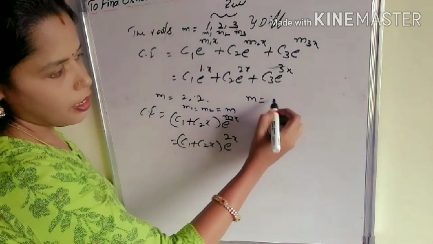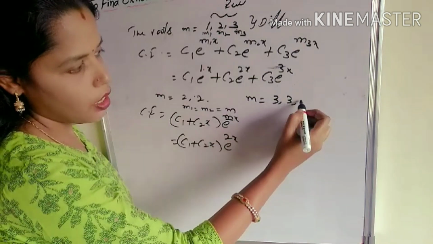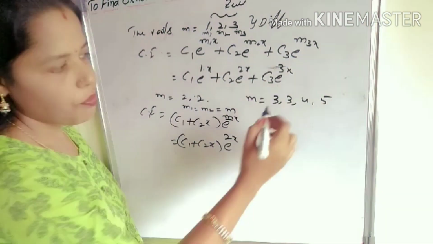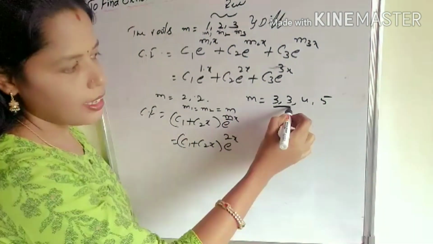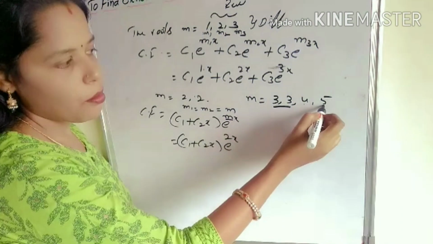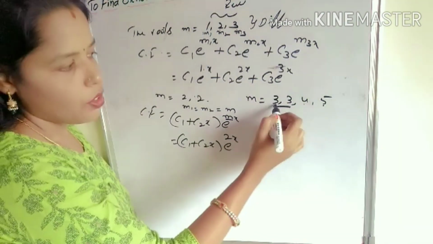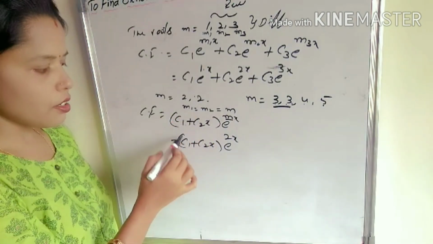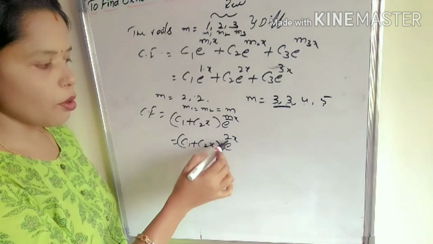Suppose the roots are 3, 3, 4, 5. What is the nature of the roots? 3, 3: two roots are real and equal, and the rest of them are real and different. If the roots are real and equal, then the solution is c1 plus c2x into e to the power of the common root.